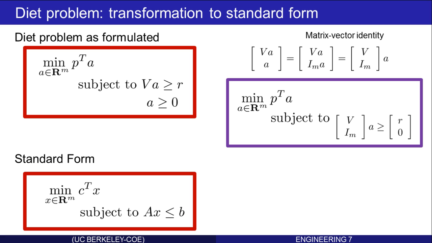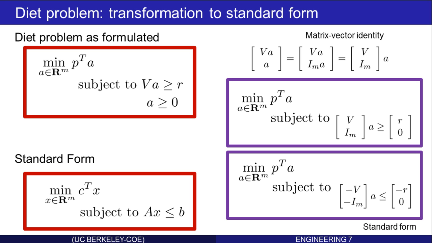So let's switch the signs using multiplication by -1. There, linear cost function subject to a single array times our decision variable less than or equal to a vector. That is the diet problem in standard form. Matching, we see that this is the array A, this is the vector b, and p is the vector c. The decision variable a becomes the standard decision variable x.